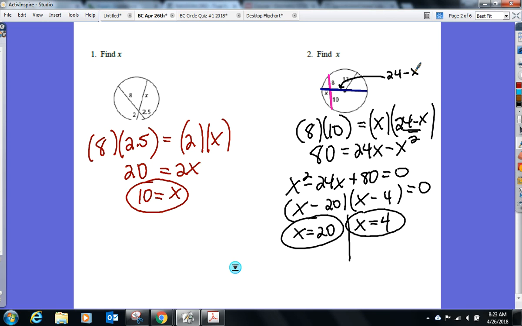No, so I have to end up rejecting something. Do we see that? If x is 20, what's this piece here then? 4. How can that be 4 when the radius is 12? Everyone agree with me? Okay, so I have to reject x being 20, so x will end up being 4. Thank you, Matt, for challenging.